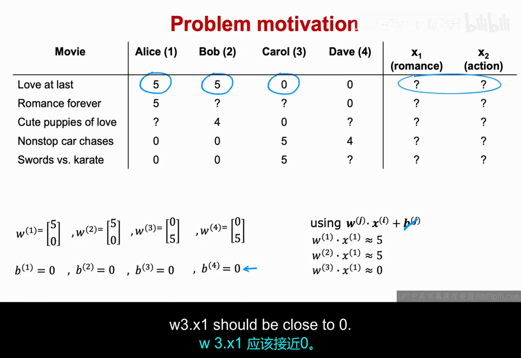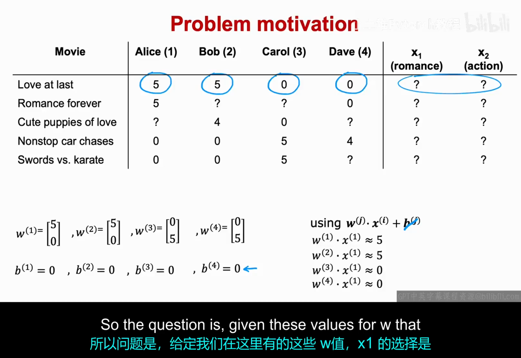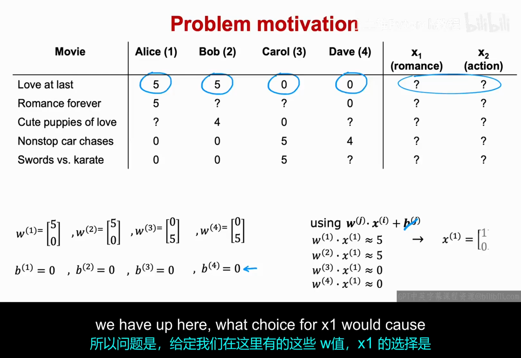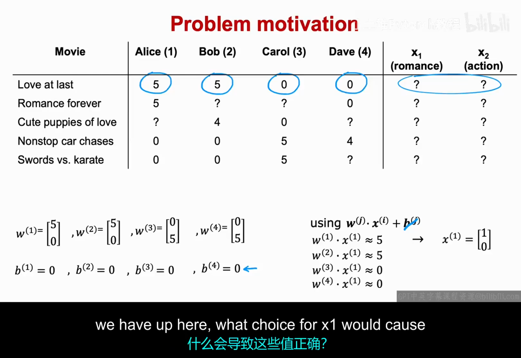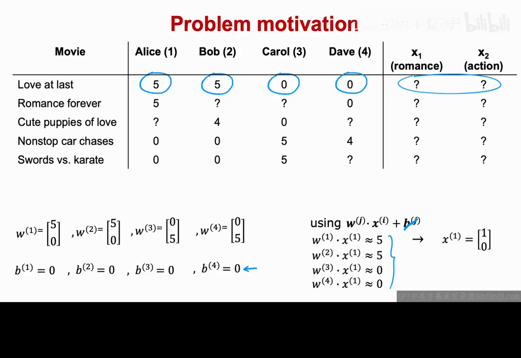W3 dot X1 should be close to 0 and W4 dot X1 should be close to 0 as well. So the question is, given these values for W that we have up here, what choice for X1 would cause these values to be right?